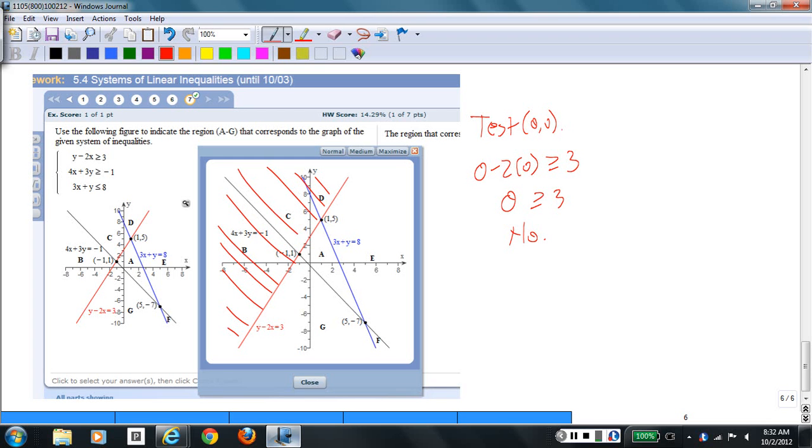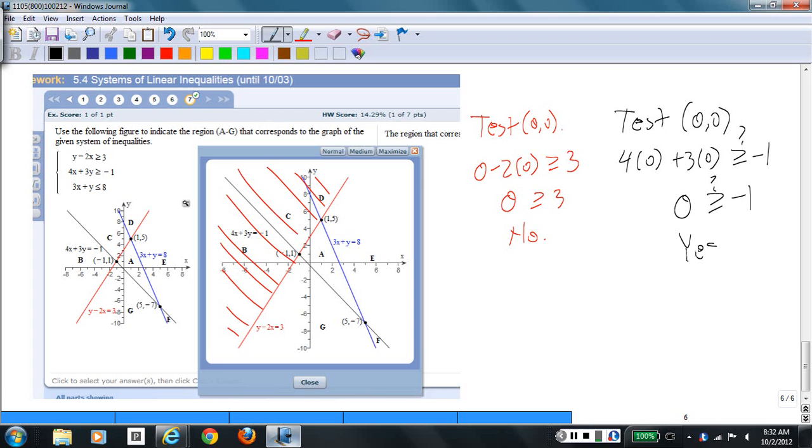Now let's see what's next. The black line. Test the origin again. How about 4 times 0 plus 3 times 0 is greater than or equal to -1? That is a yes.